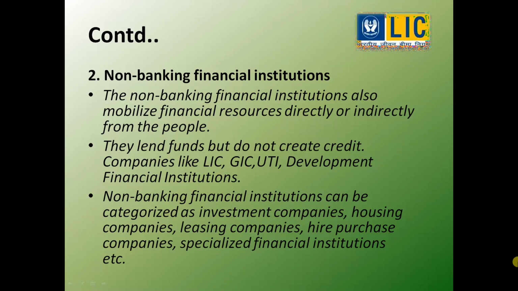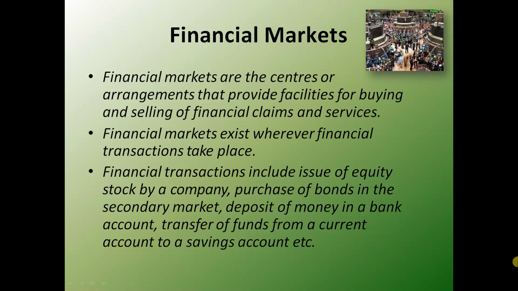Companies like Life Insurance Corporation, LIC, General Insurance Corporation, GIC, UTI, that is Unit Trust of India, development financial institutions, etc., come under these financial institutions. Next, non-banking financial institutions can be categorized as investment companies, housing companies, leasing companies, hire purchase companies, specialized financial institutions, etc.